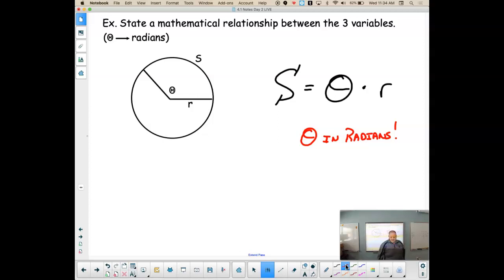If theta is in radians, that works. If theta is not in radians, we have to convert theta to radians in order to use this formula. Okay? And we can manipulate that formula, we could solve it for r, where we have s divided by theta. We could solve it for theta, s divided by r, and so on and so forth.